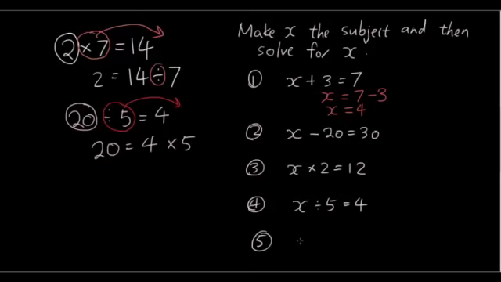And let's do 30 divided by x equals 5. So do them and then come back to see the answer. Pause the video.